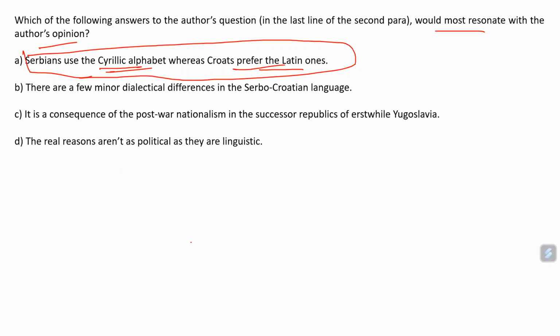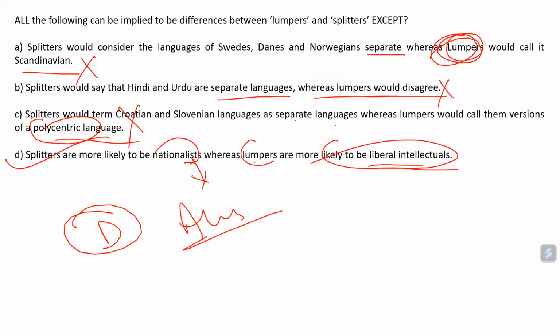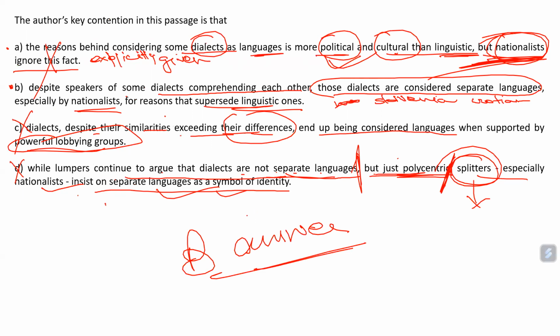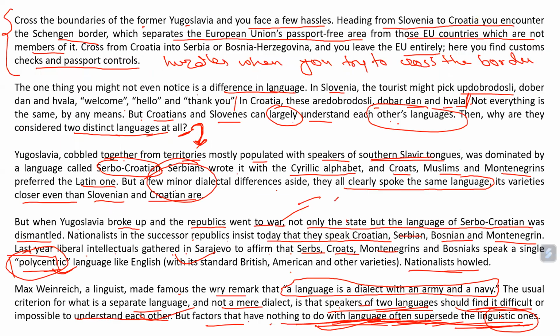Now see, what it says is, it is a consequence of the post-war nationalism in the successor republics of erstwhile Yugoslavia. From these lines, we can infer that Yugoslavia broke up and the republics went to war, right? All right, sorted here. But along with that, we also have to keep in mind that not only the state but the language of Serbo-Croatian was dismantled. We had read that they dismantled the language.